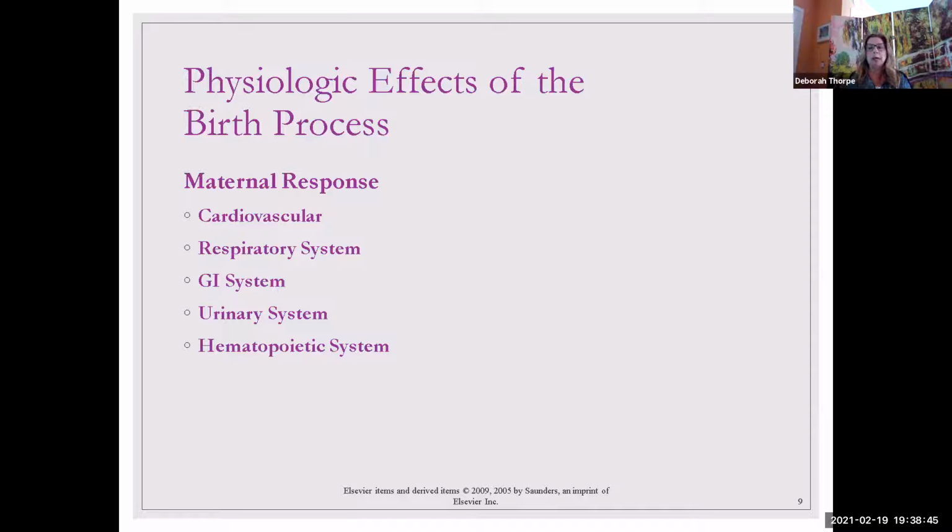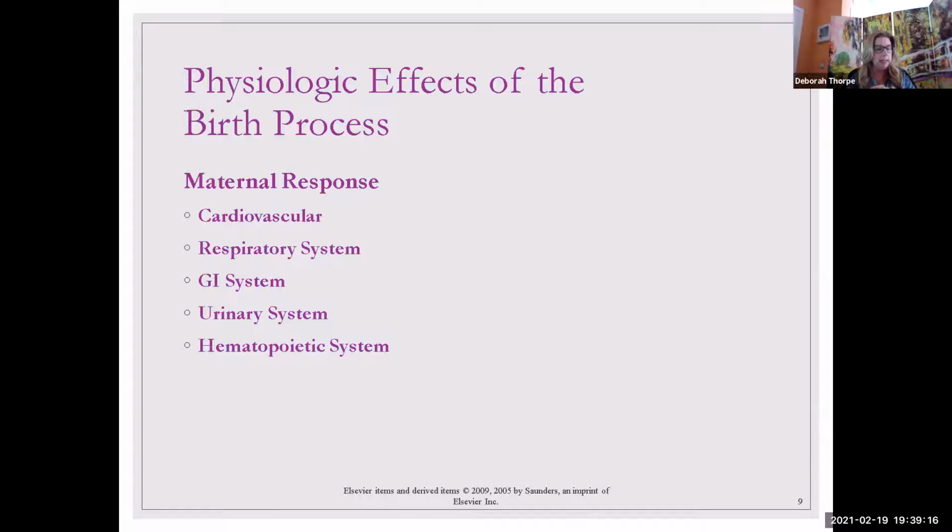And the mom usually does fine with that because of the fluid volume influx she's had during her whole pregnancy. Moms usually do really well. You don't see much in the way of symptoms, and even her H&H doesn't change much. We're happy with 10 to 12 for a hemoglobin, 33 to maybe 36 is a range for the hematocrit.